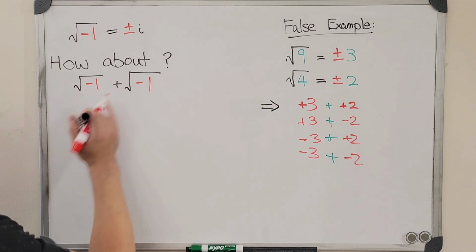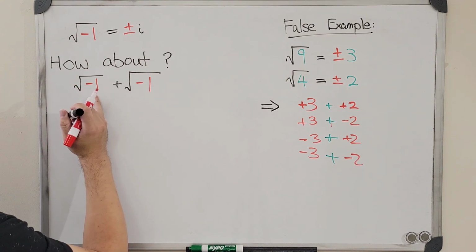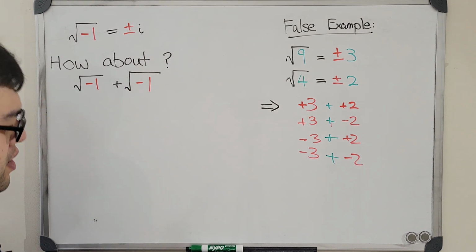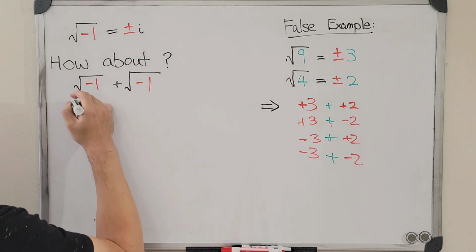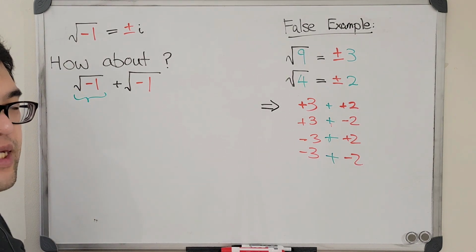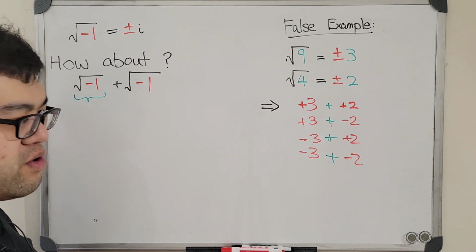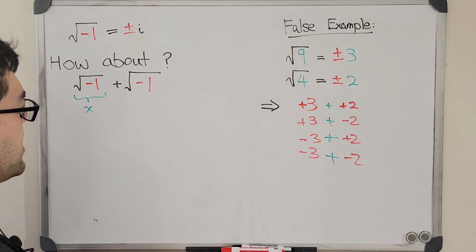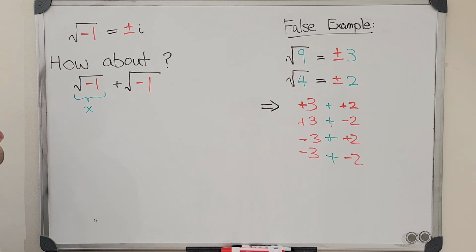Let's consider the following. If we have the square root of negative 1 plus the square root of negative 1, we can think of it as some value, and it doesn't really matter whether it is a real number or a complex number. Let's just call it x. Then we have x here to replace the square root of negative 1.